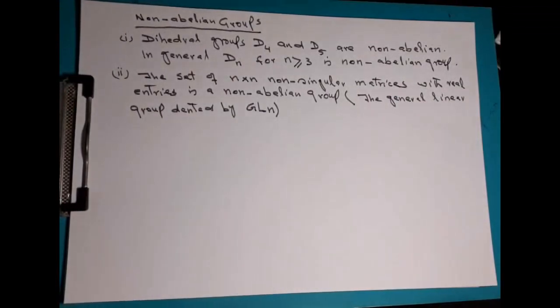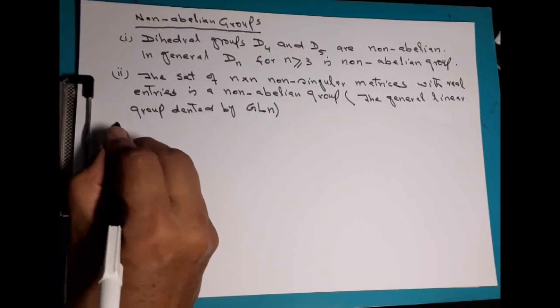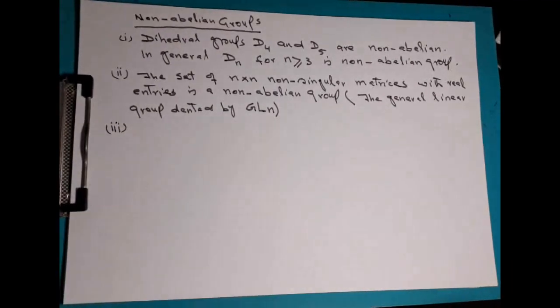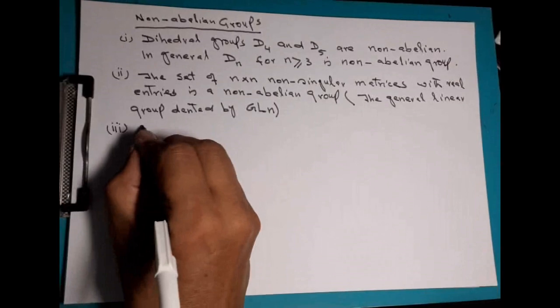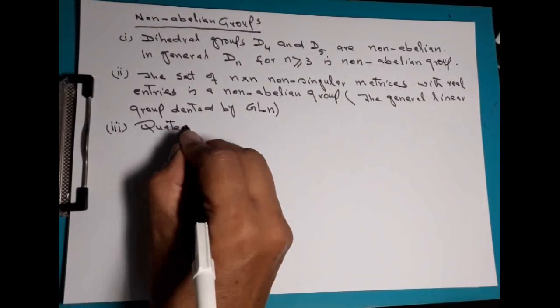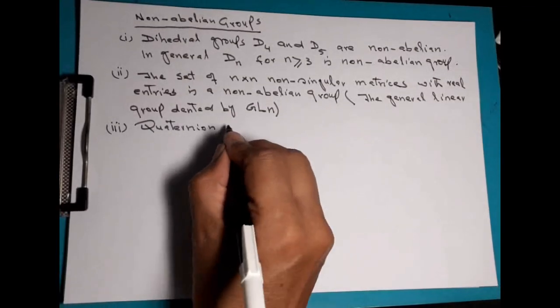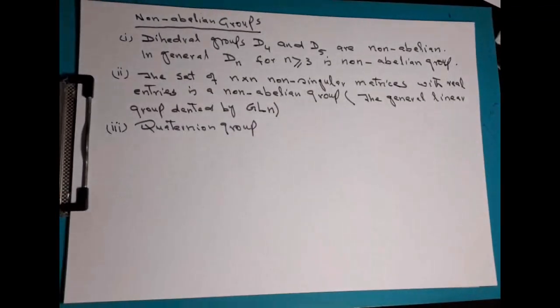For example, there is a group called the Quaternion Group. So let me discuss this group.